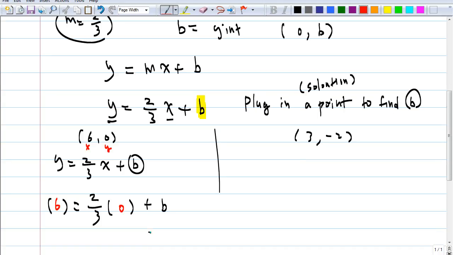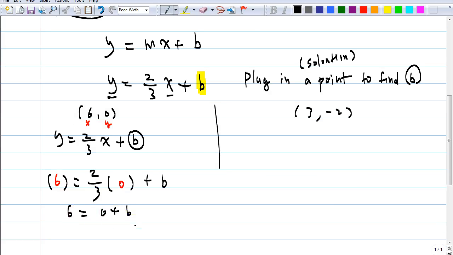When you solve for b, what do you get, guys? You get 6 equals 0 plus b. What's your b? Oh, I'm sorry. I totally messed up. You're right. I was testing you. Okay, thank you. So you were paying attention.